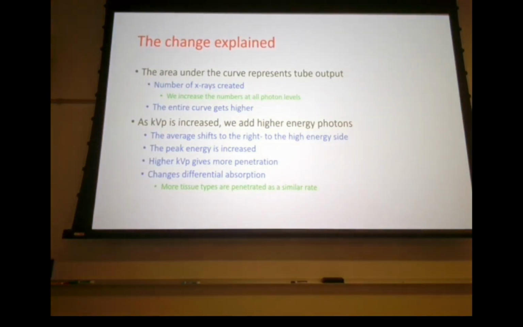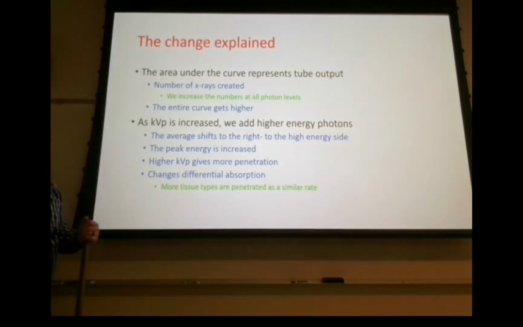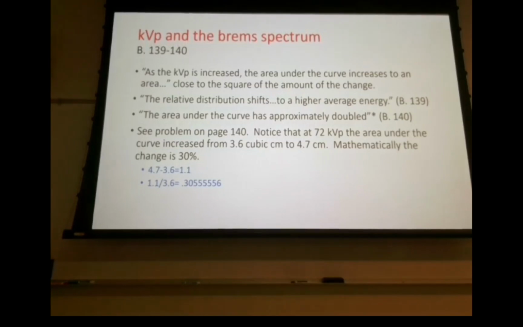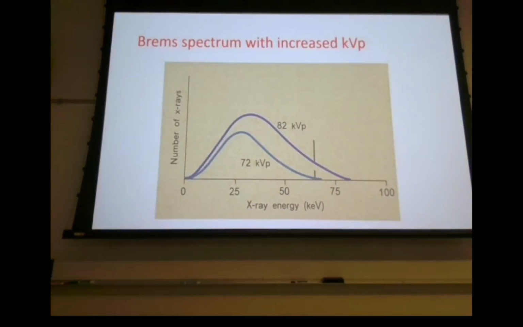The area under the curve represents total tube output in numbers. So when we say increases in kVp increase our tube output, increase our intensity, is that true? Looking back at that, what represents intensity? Numbers, just numbers.